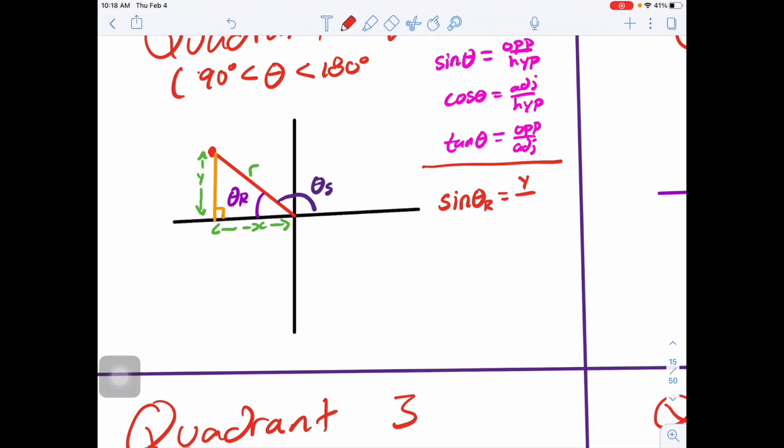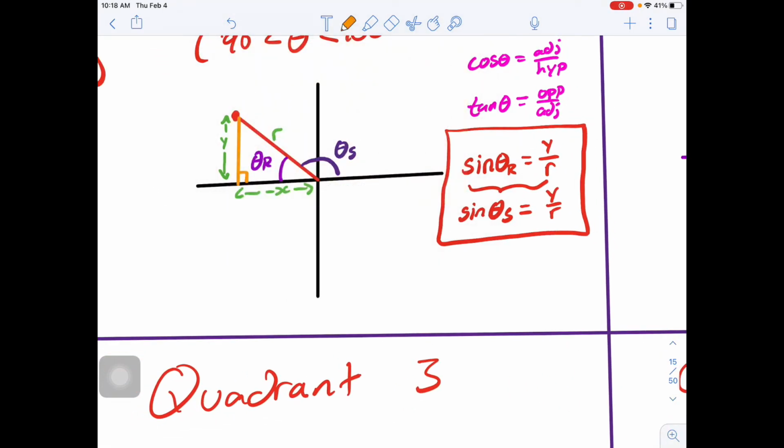So that's still positive. So understand again, we're using our reference angle to understand the trig ratio for the standard angle. So this also means that our standard angle ratio of sine is y over r as well. So there's our first trig ratio.